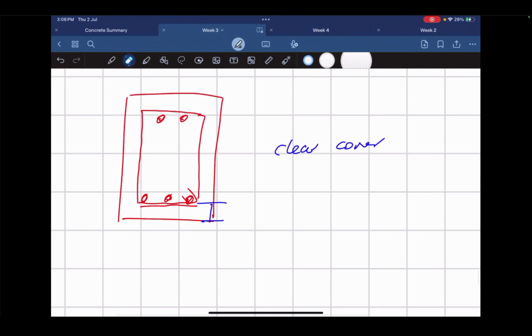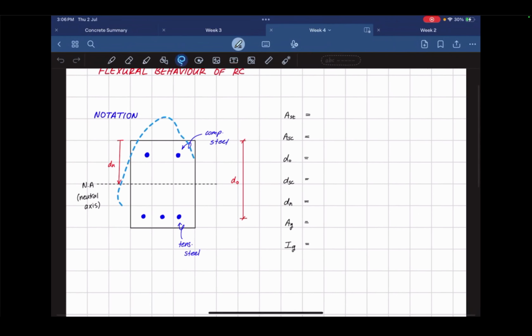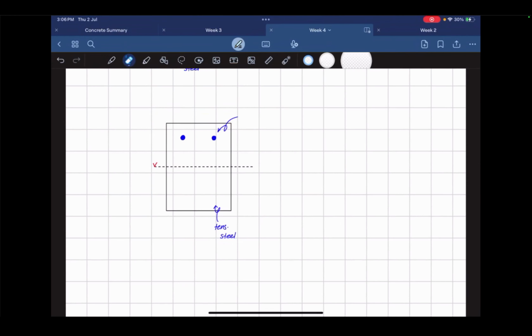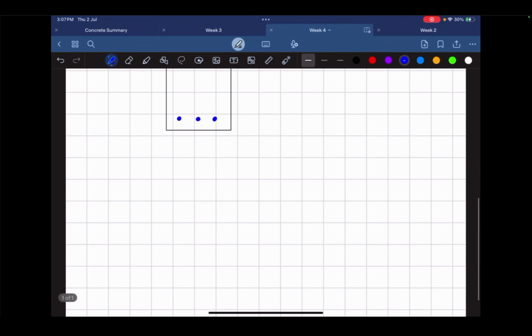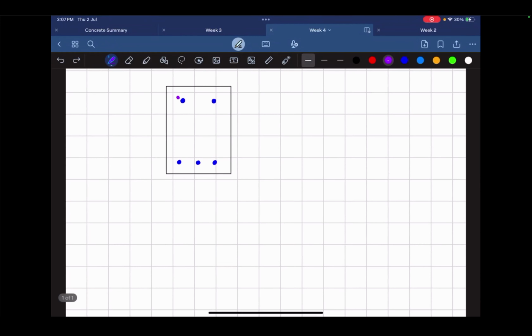Let me actually draw this properly. Okay, that's my stirrups.